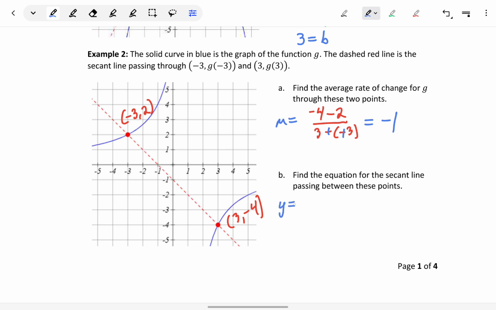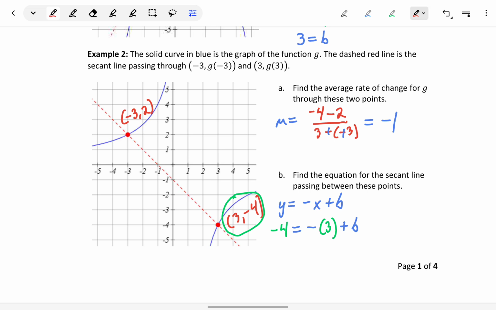And now to find the equation for the secant line, we can plug in that slope that we know, m is negative 1, and we can choose either coordinate pair. I'll go with (3, -4), meaning we'll substitute in negative 4 for y, and plug in 3 for x, to then solve for that value b.